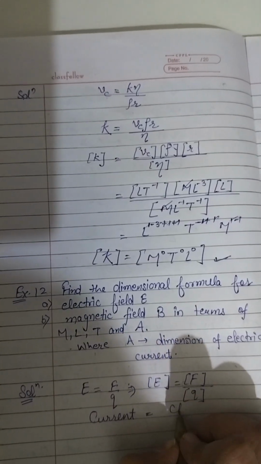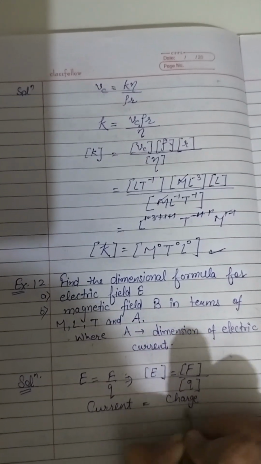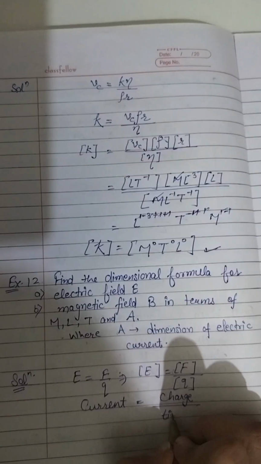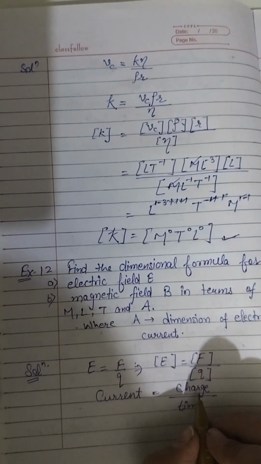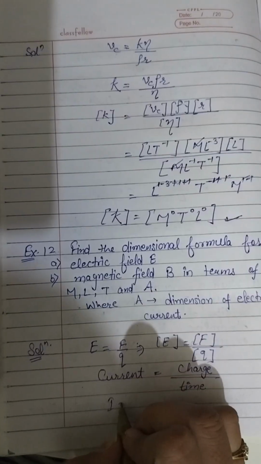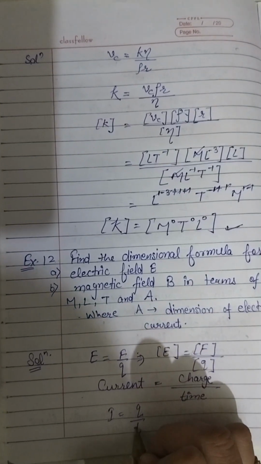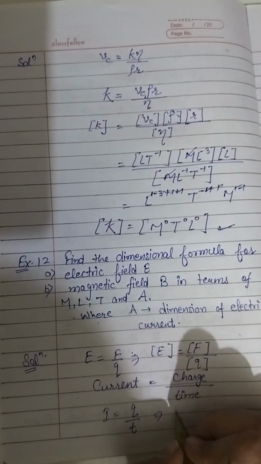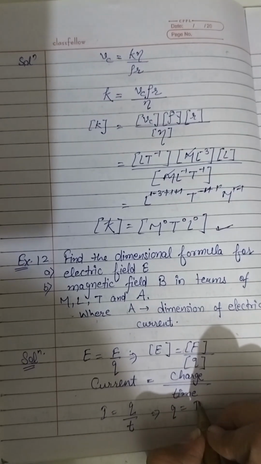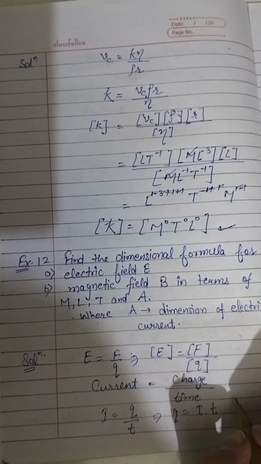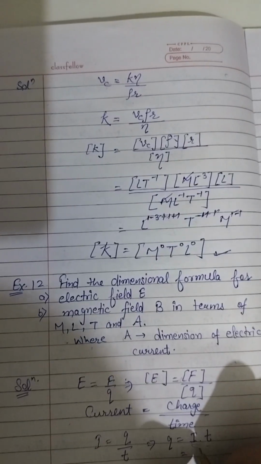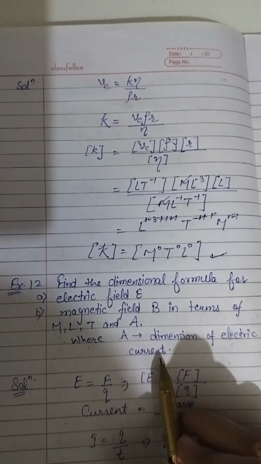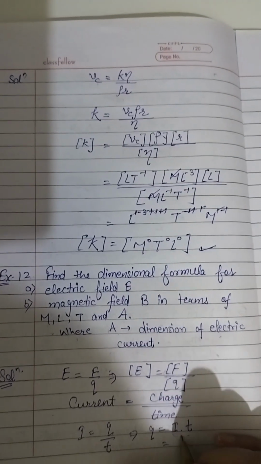So this implies the current is equal to charge per unit time. We know that the value of current is equal to charge per unit time. So I is equal to Q upon T. This implies we find out the value of Q, that is I into T. The value of I is already given as the dimension of electric current, that is in the form of ampere.